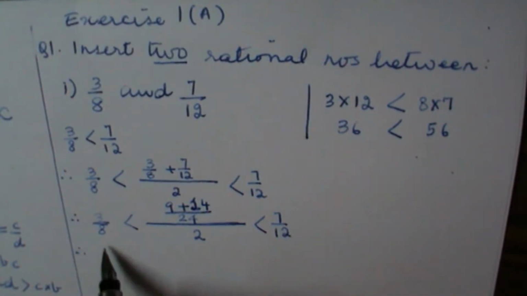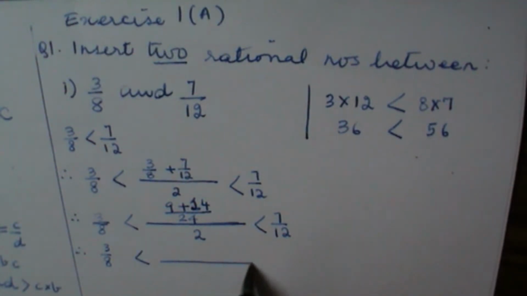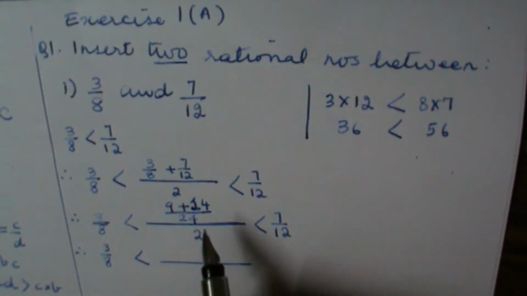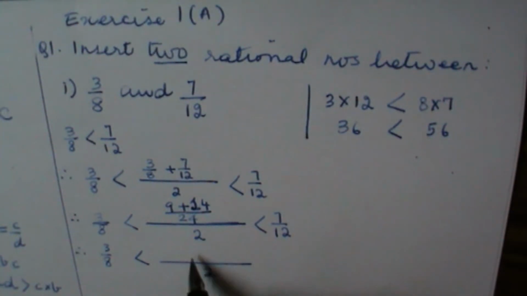So now it gives me 3 upon 8 less than here 2, and out here 14, this was 14 and this is 9, so that will give you 23 upon 24, and less than 7 upon 12.